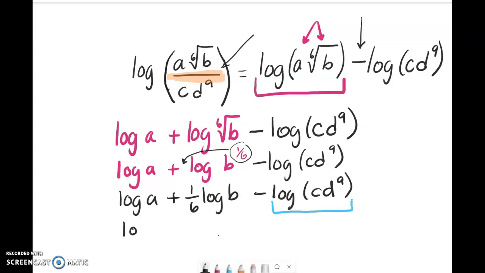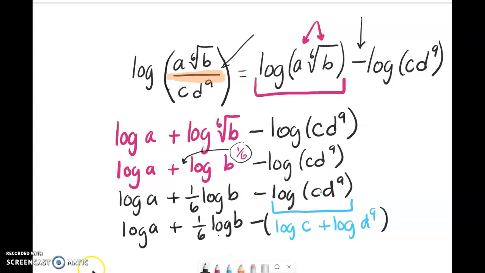So I'm going to rewrite this front part, and then work over here with this log of c d to the ninth. Because this is multiplication, just like the first part, a times the sixth root of b, I can expand that into the log of c plus the log of d to the ninth.